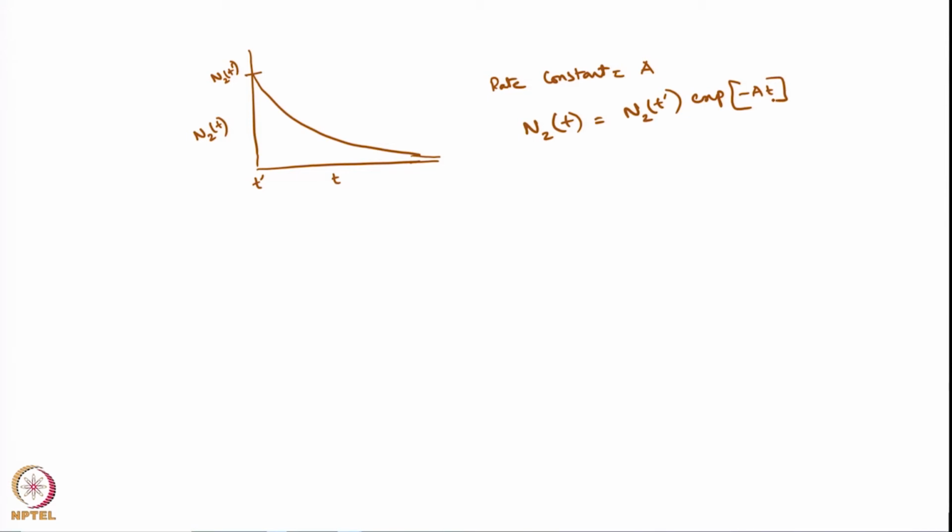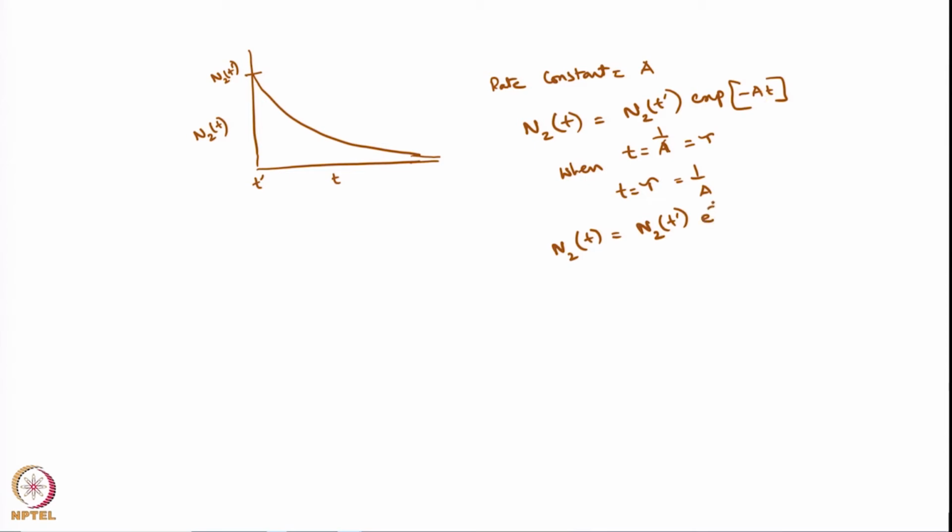Now when t equals 1 by A, which I will call tau, then A times 1 by A becomes minus 1.